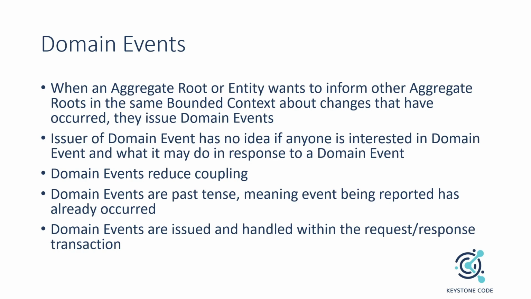So when our domain object that represents an order being created is actually created, what we want it to do is issue a domain event that says, hey, order got created, here's the details about it, and basically pass that out as a domain event. The aggregate root or entity that is issuing the domain event does not know or care if there's anybody listening on the other end. It's just a way of announcing to everyone else within the bounded context that something of interest has occurred.